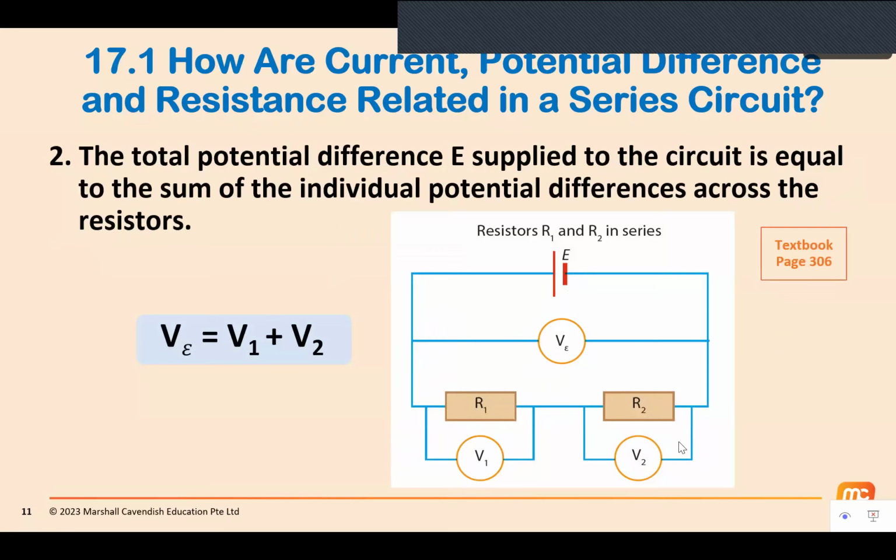The voltage, or the energy, gets used up in the circuit. So if it's 10 volts here, it'll be 3 volts here and 7 volts here. If it's still 10 volts here, this one takes 6 volts, this one will take 4 volts, and so on. So the voltage in the battery will be shared across the components.